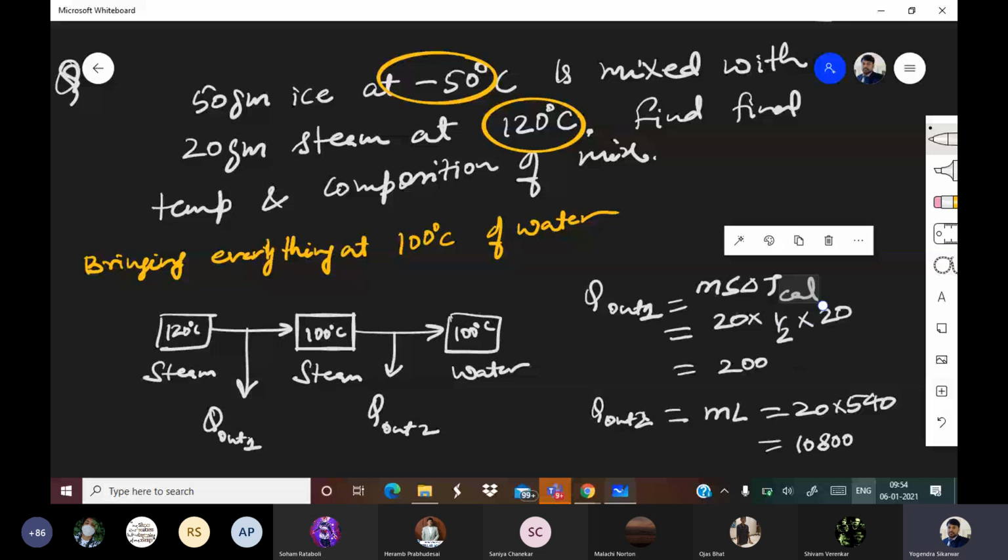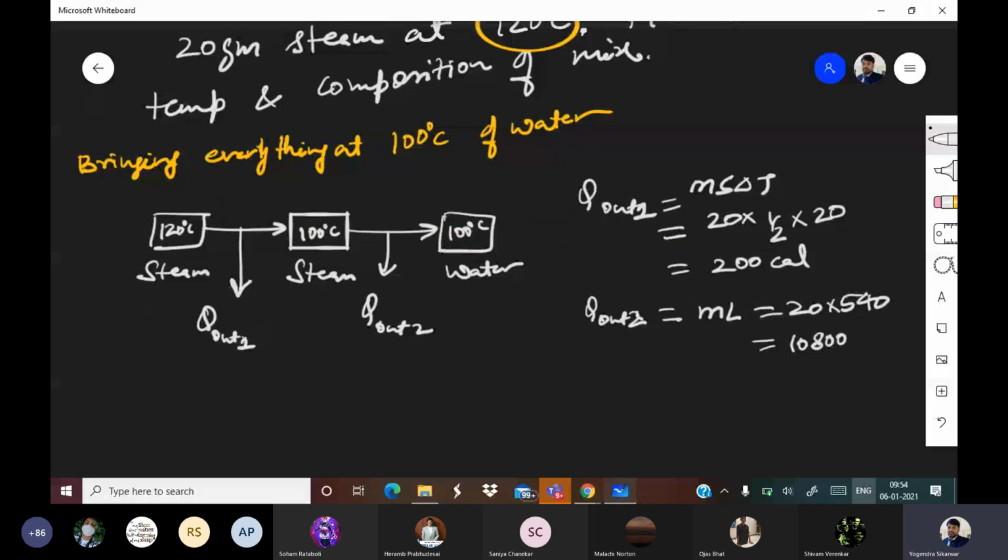So total Q released, total Q out, is equal to 200 plus 10800, and that is 11,000 calorie.